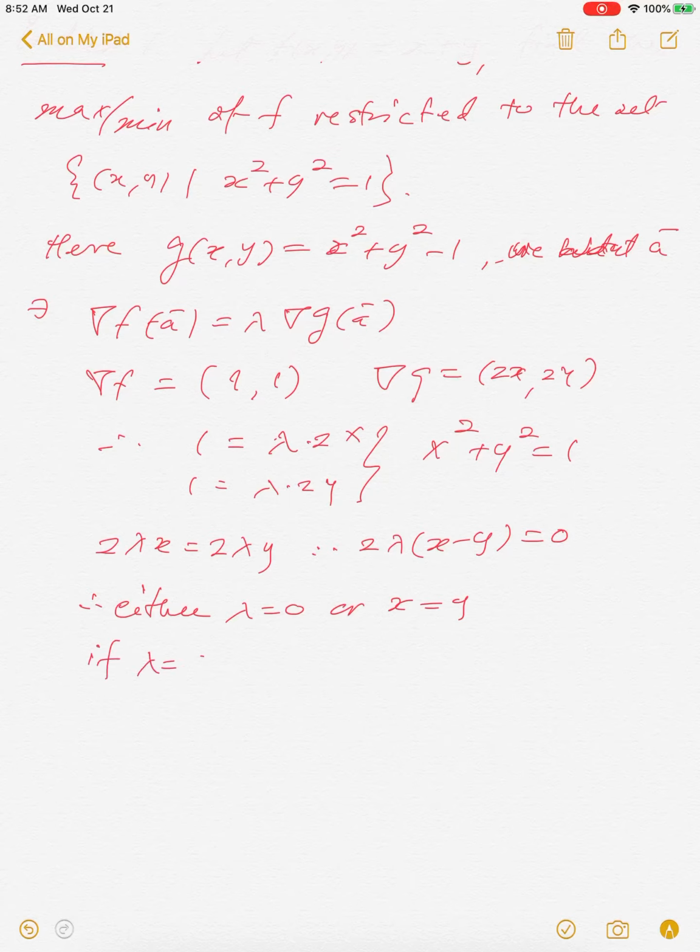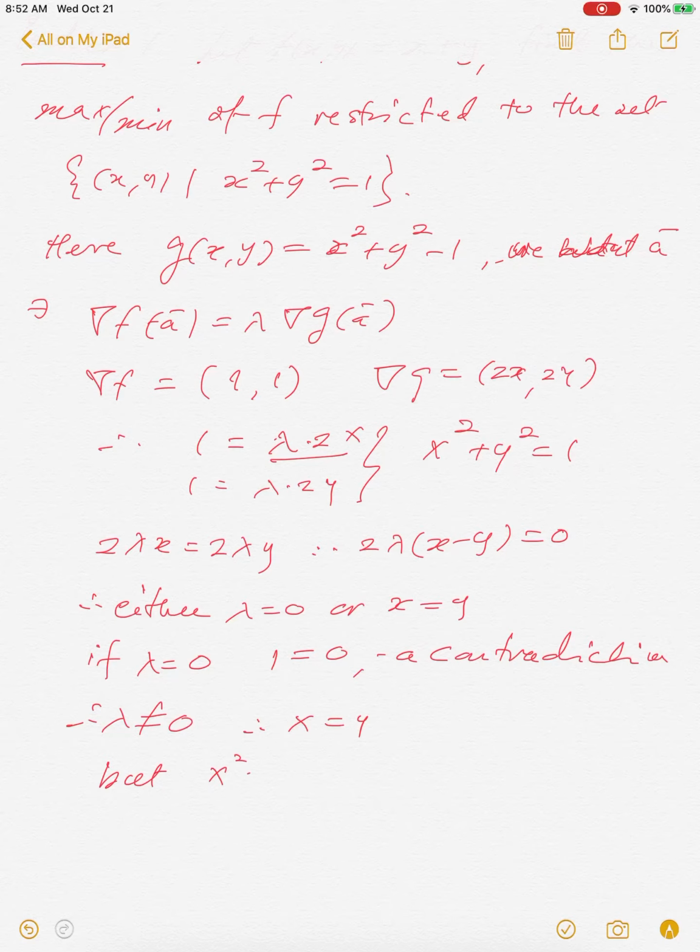If lambda is 0, this will not work, because if lambda is 0, you will get 1 equals 0, a contradiction. So lambda cannot be 0. Therefore, x must be y. But x square plus y square is 1. That means 2x square is 1.